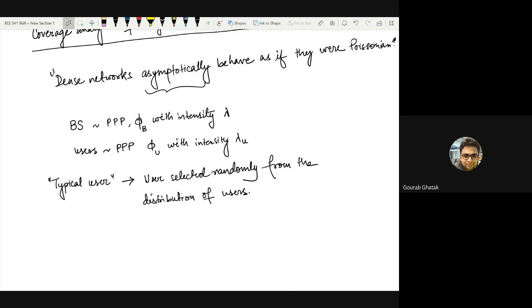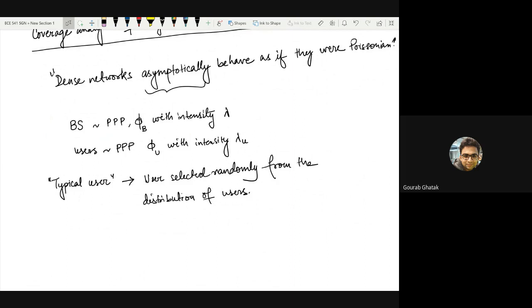Probably you get user number 12, and you do the calculation of this metric from the perspective of this user number 12. Now if you keep on continuing this process throughout the infinite realizations of this Poisson point process, the users which you are getting at each sampling or each realization constitute what is called the typical user.